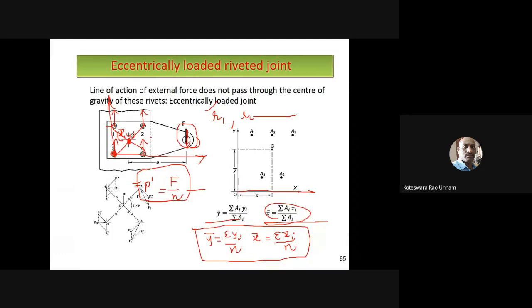Then we need to find the secondary shear force. For that we have a formula. First we'll compute the C value. C is nothing but P into e divided by R1 square plus R2 square plus R3 square and so on up to Rn square.